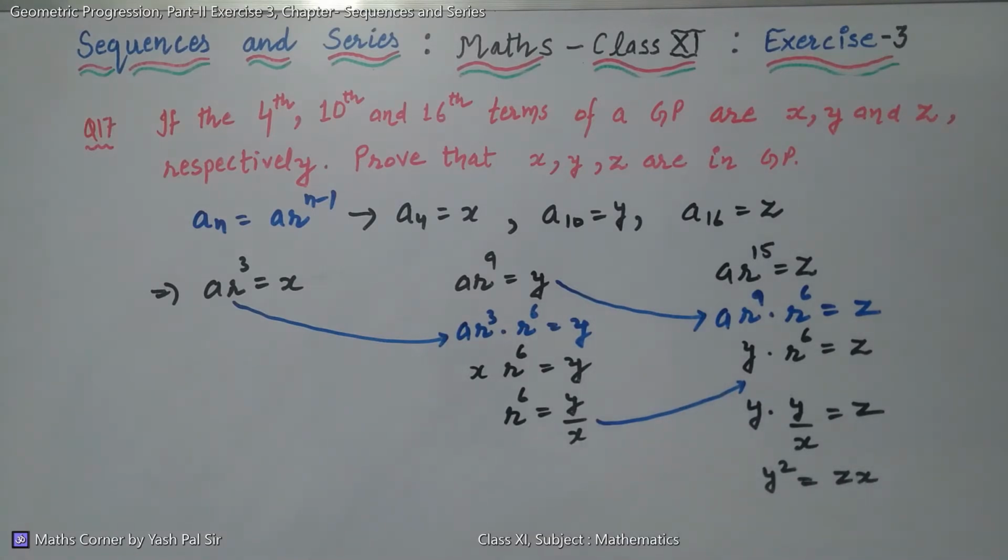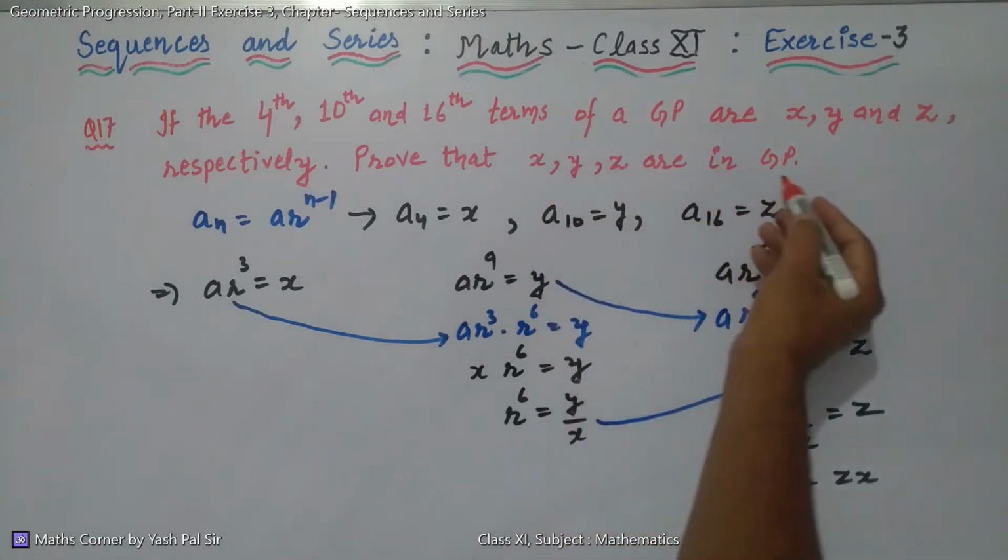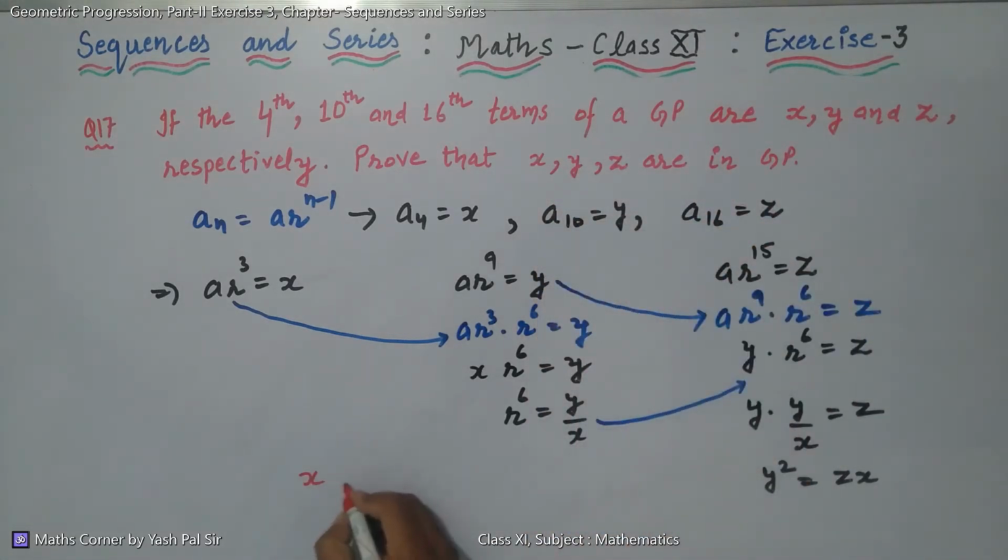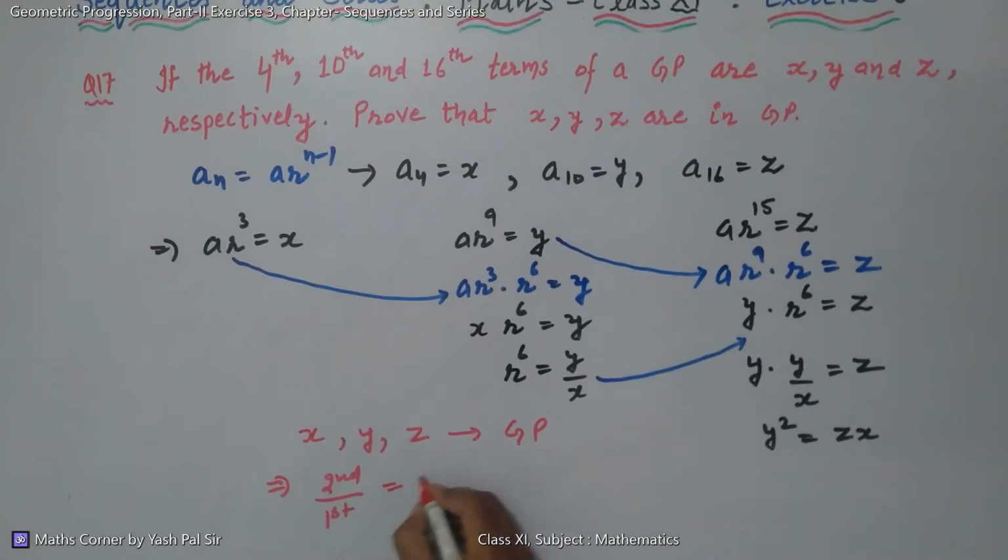Now what is to prove? We are required to prove that x, y, z are in GP. It means second term divided by first term should be equal to third term divided by second term.